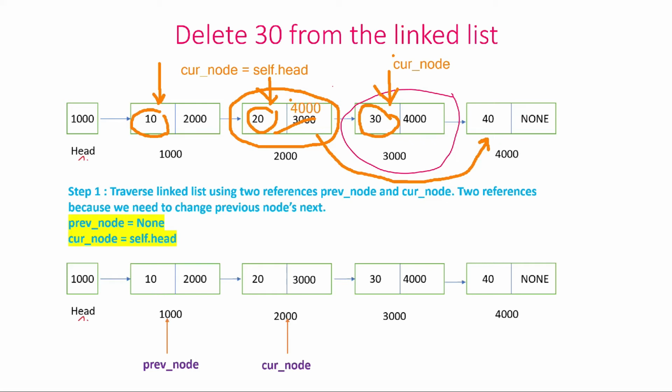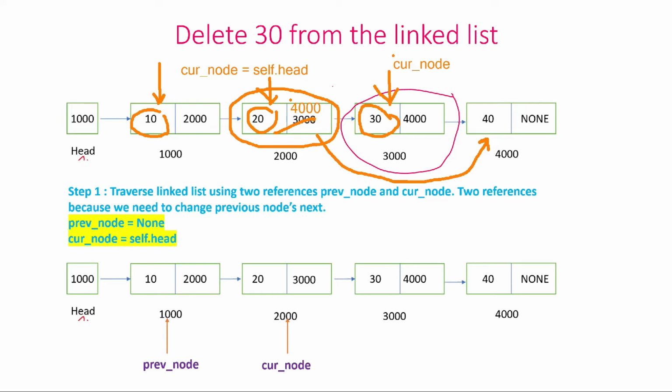But the way we have traversed this time, we only have the current node. We don't have the reference to the node previous to it. So if you want to make this change, like instead of 3000 having 4000 here, how will you make it? There's no variable which is pointing to this node having address 2000, because we want to change the next of it.